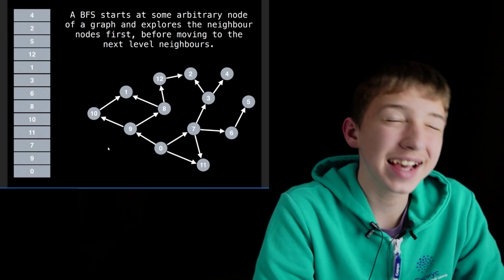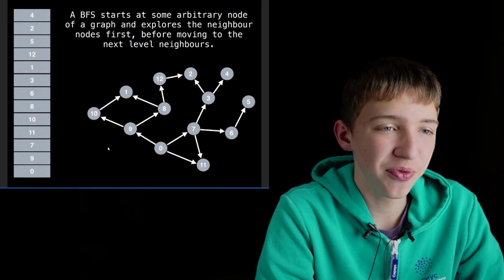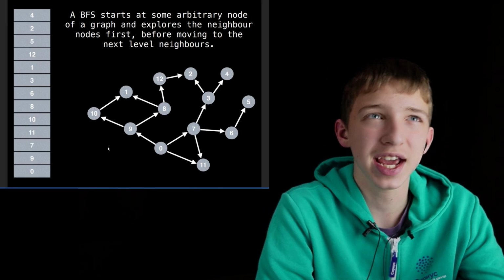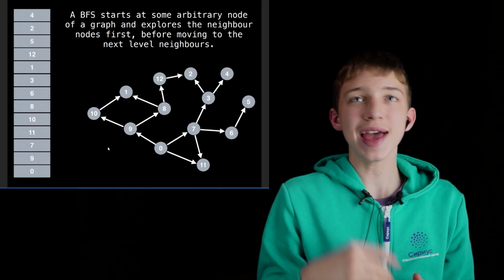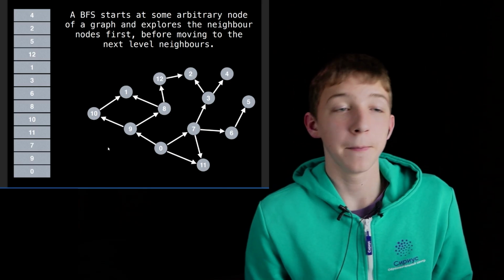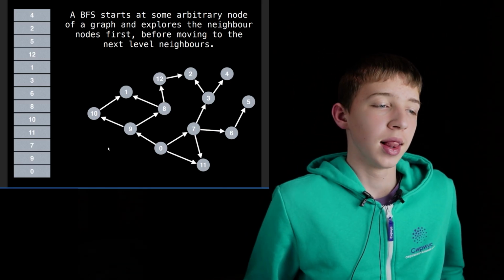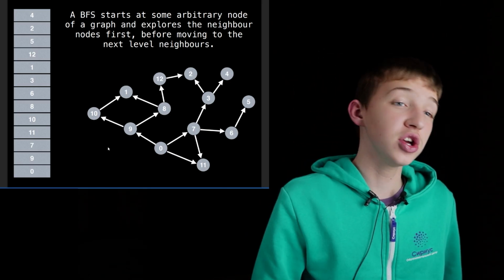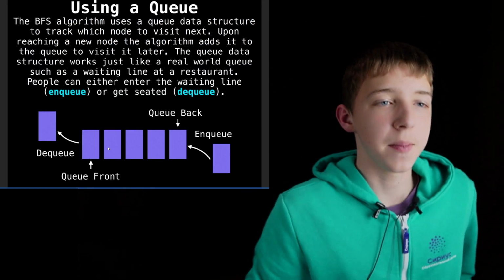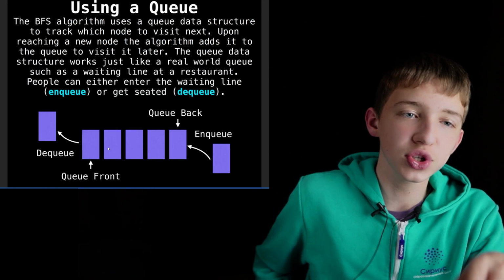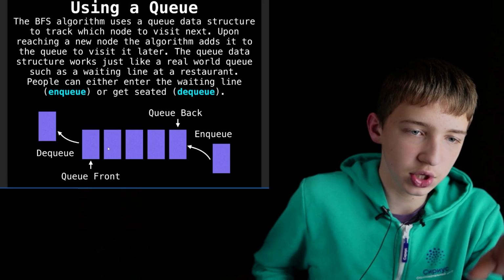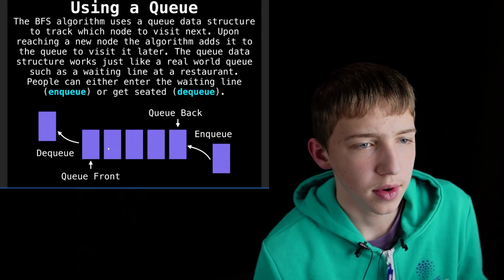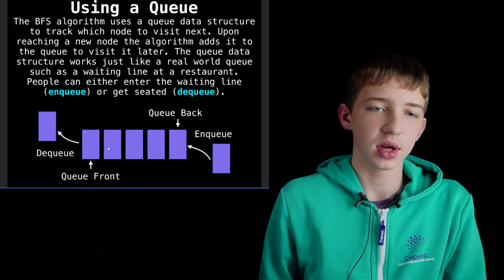However, it is a bit more complex than depth first search, because in the implementation of depth first search, we just have to go in depth each iteration. But here, we need to keep the queue, and let's talk about it a bit further. So here, we're using a queue.